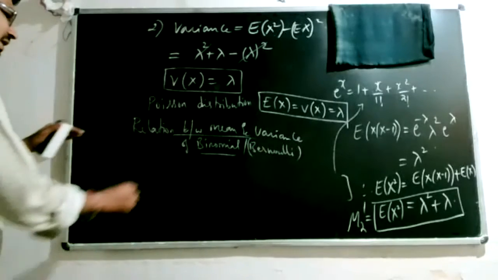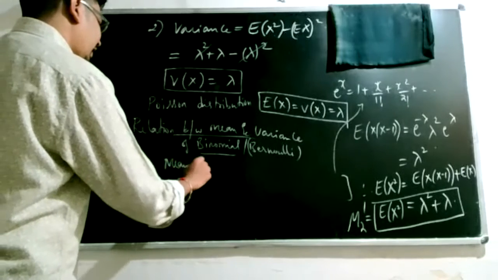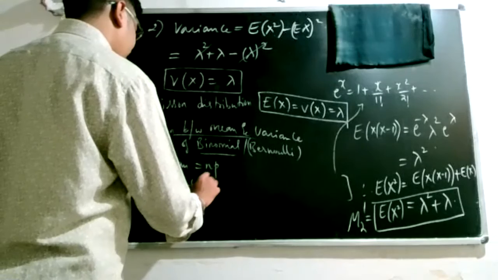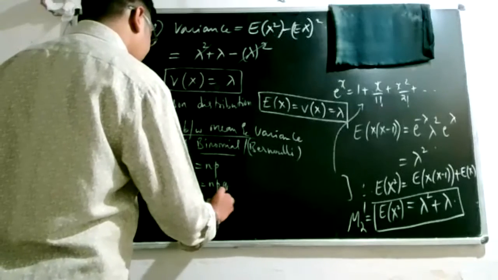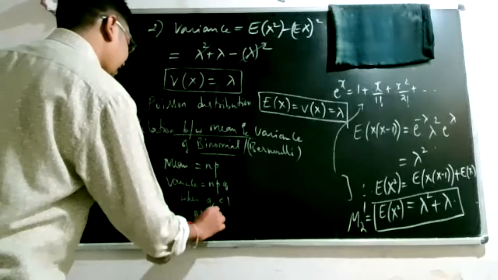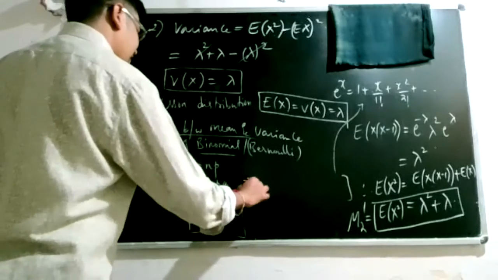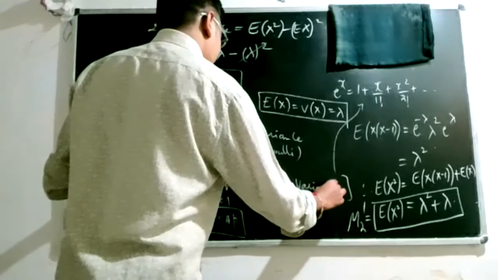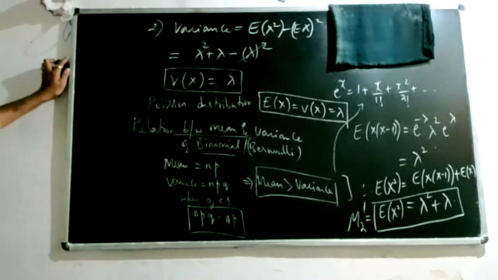We have mean as np and variance as npq, where q is less than 1. So naturally you will observe npq less than np, which implies mean is always greater than variance, or variance is always less than mean. So this happens always with respect to binomial and Bernoulli distribution.